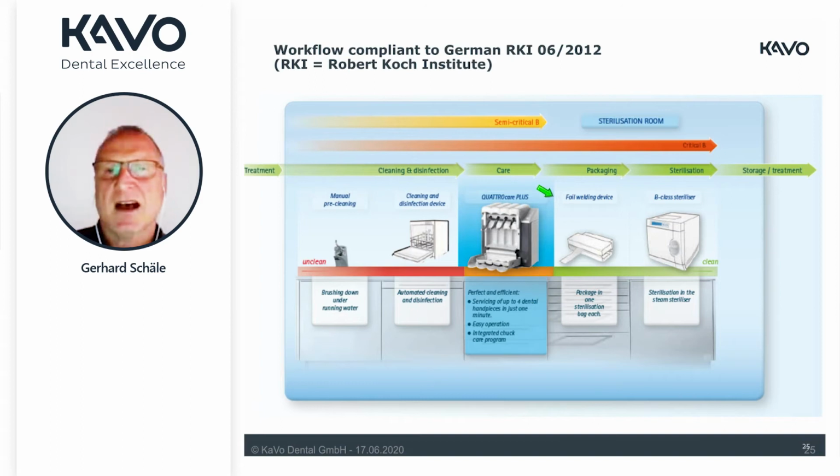After cleaning up, that means the manual pre-cleaning shown in the picture, after placing the instrument in the thermal disinfector, and after the care, that means the oiling of the instruments, the semi-critical B instruments are now ready to use again.